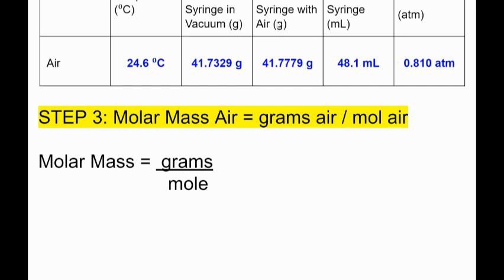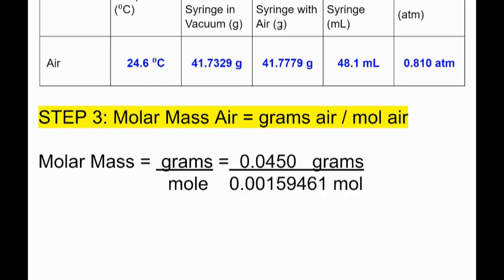Step 3 is to solve for the molar mass of air. That means we need to get to grams per mole. Molar mass is grams per mole. So we're going to take our mass of air in grams and divide it by the number of moles of air that we calculated using ideal gas law. Note, we will now have our answer in grams per mole.